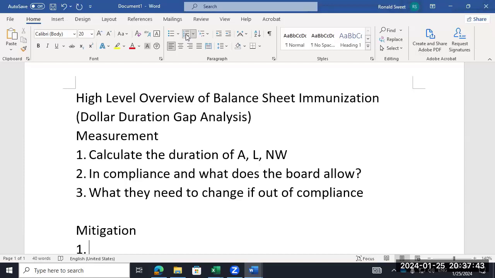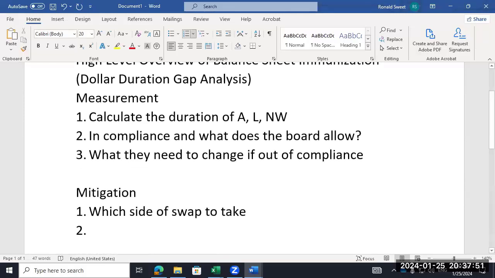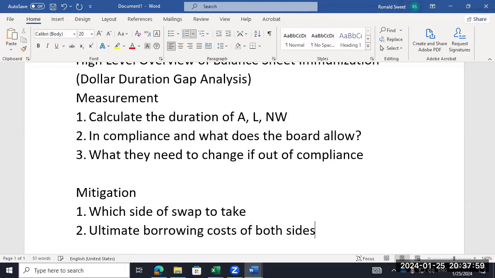So the first thing we're going to figure out is which side of a swap to take. We're then going to figure out the ultimate borrowing costs, both sides.